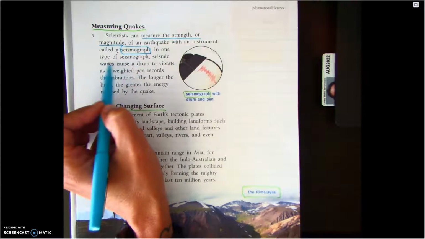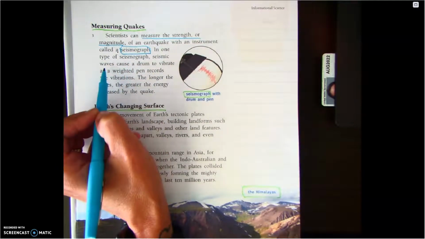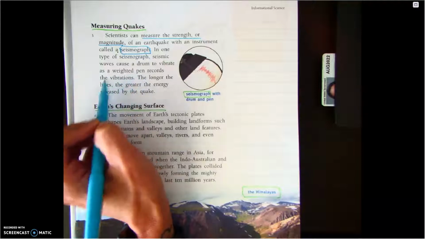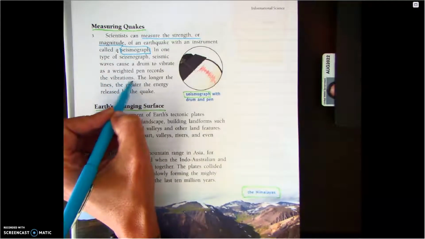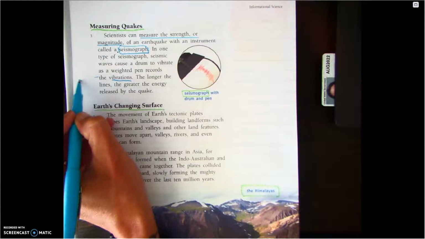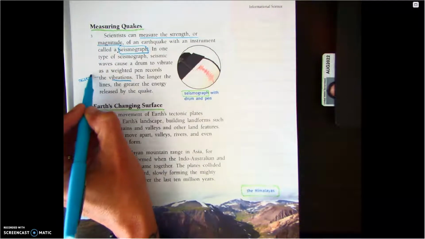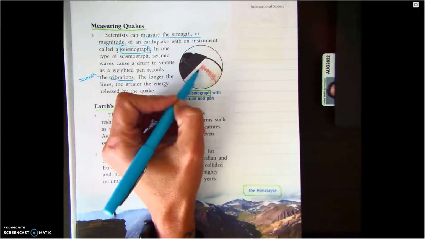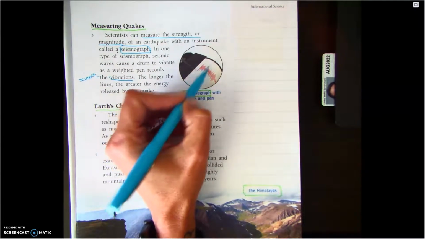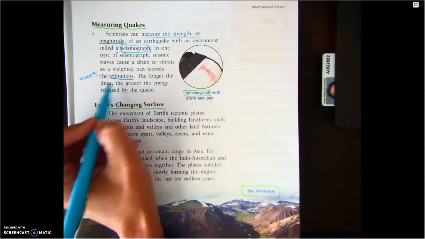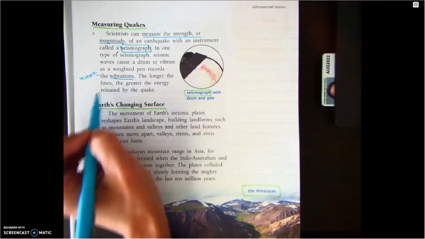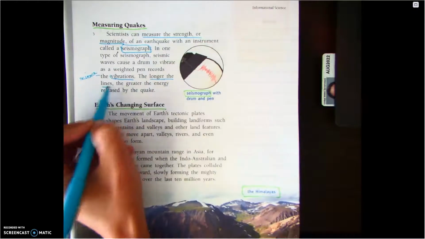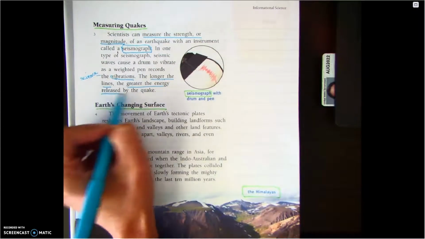In one type of seismograph, seismic waves cause a drum to vibrate as a weighted pen records the vibrations. That's part of our science, remember? Those waves. So this is the vibration. The higher it goes, the stronger the earthquake is. The longer the lines, the greater the energy released by the earthquake.